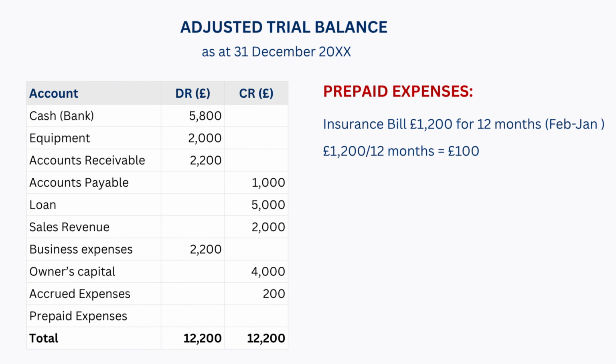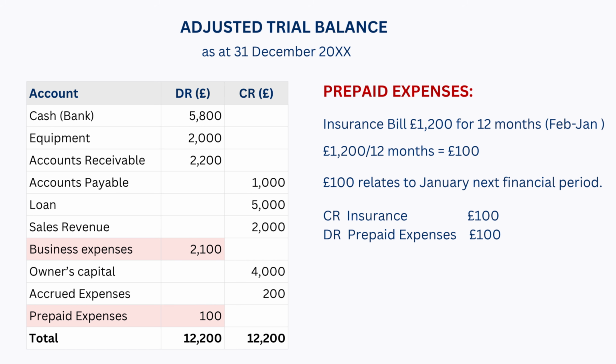But at the end of the financial year in December, 1 month of that insurance, January, actually belongs to the next accounting period. Since £1,200 divided by 12 months equals £100 per month, the January portion of £100 has not yet been used. That £100 should not be treated as an expense this year.